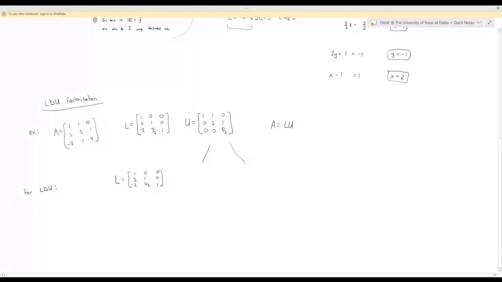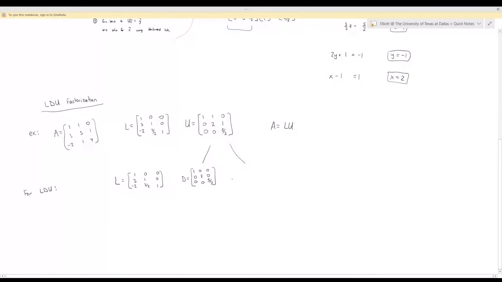And the way the D and the U work for LDU, so D, the diagonal matrix, what you're going to do is just take the diagonal entries of the U that you have for LU. Just take those diagonal entries and put them along the diagonals for D. And then you're going to create a new upper triangular matrix for the LDU factorization.